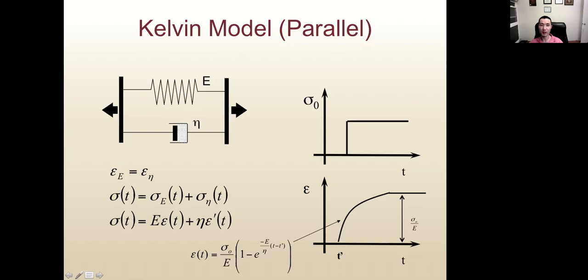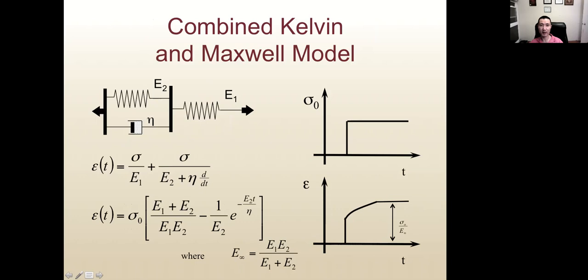Okay, this is called the Kelvin or parallel model. And sometimes we can combine the Kelvin and the Maxwell model together. Okay, some part is in parallel and some part is in series. Okay, just to show you some modeling work we can use to simulate the viscoelastic performance of concrete.